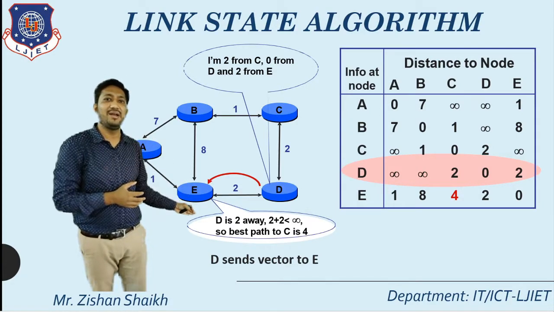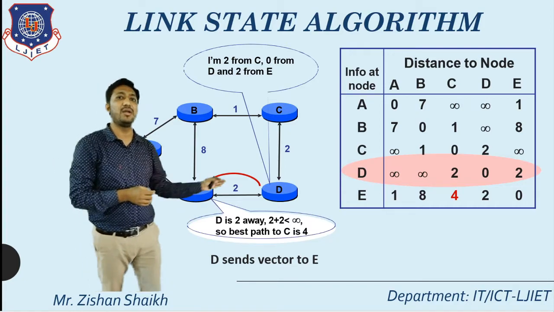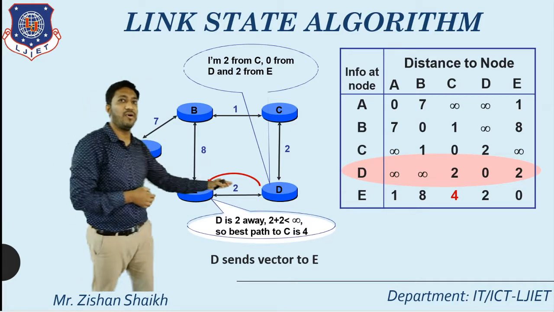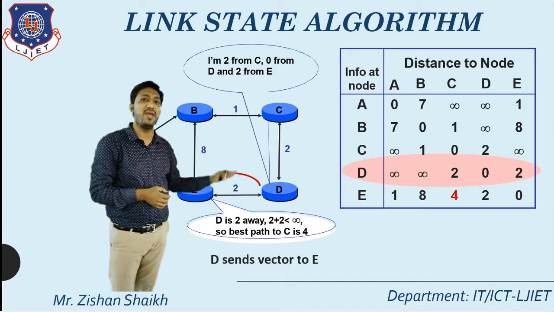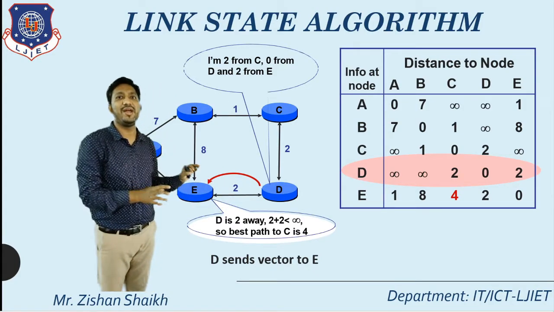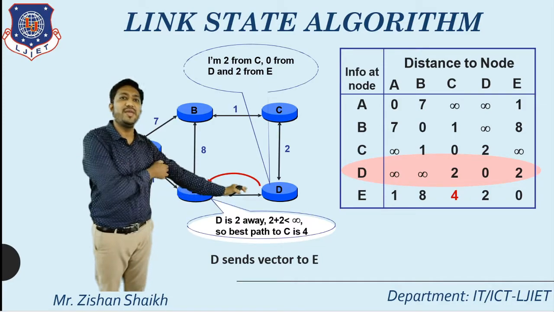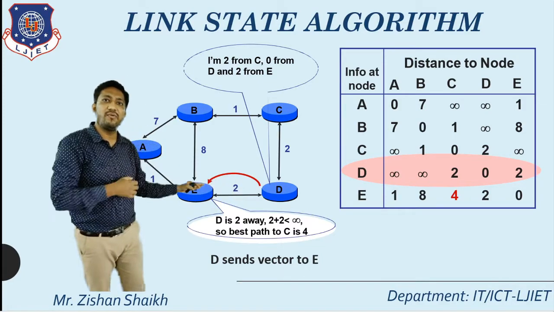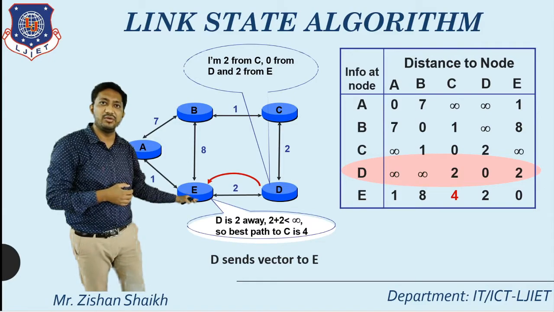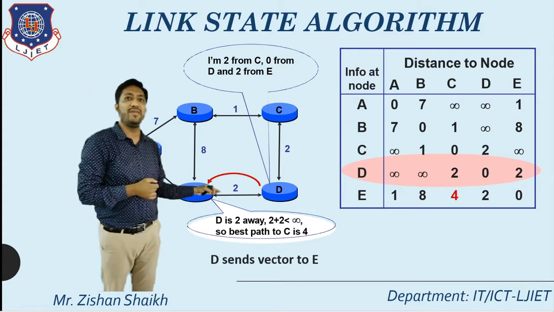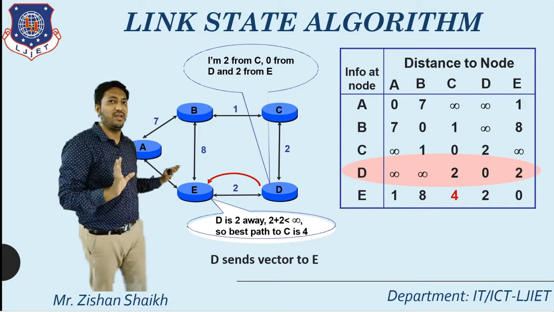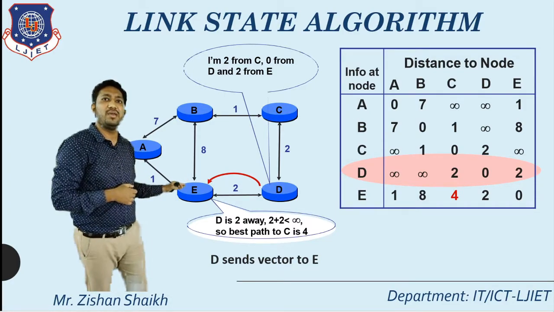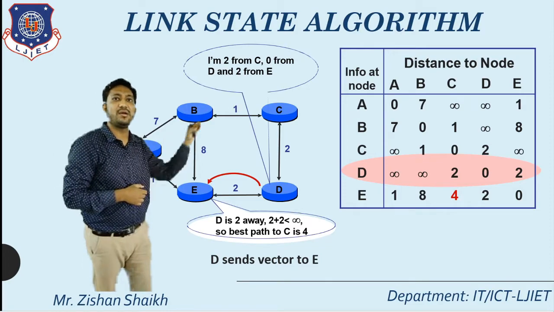Understand that D is sending a vector to E. For our particular node D, the neighbors are C and E here. So we are taking the first scenario: D is sending its forwarding table with updates to E. From E, I cannot reach C directly.